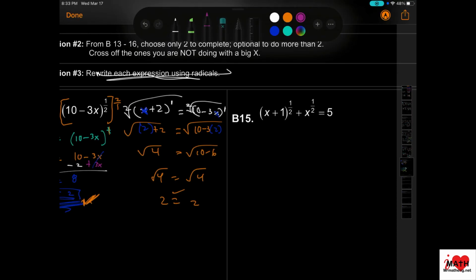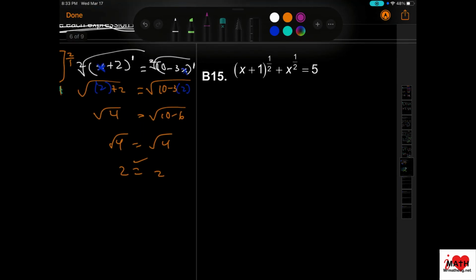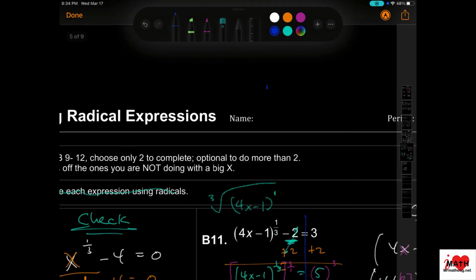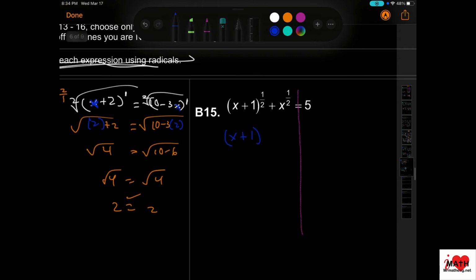All right, number 15 doesn't look like the previous problems, B13 and 14, but we can make it like that. So remember, the rational exponent, it's just a fancy way of saying the fraction, is x plus 1. The 1 is here, and the index is 2.